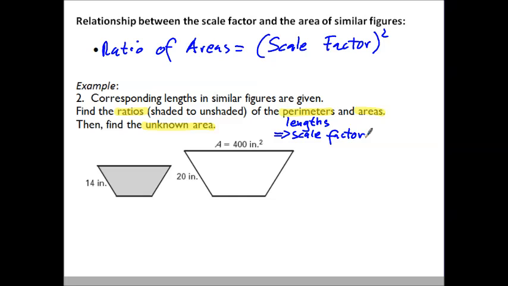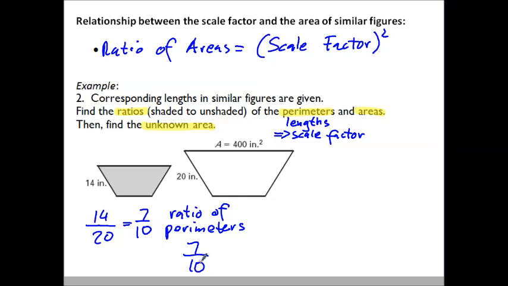We are supposed to find the scale factor of those two trapezoids, and in the instructions it said shaded to unshaded, so we have to take the number of the shaded trapezoid, put it on top, 14 over 20, which can be reduced to 7 over 10. So the ratio of the perimeters is 7 over 10.